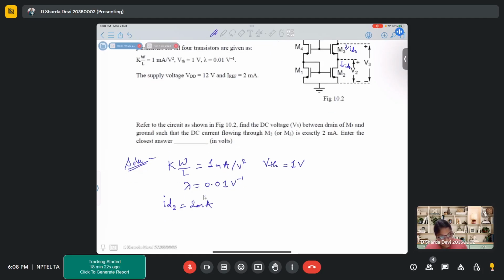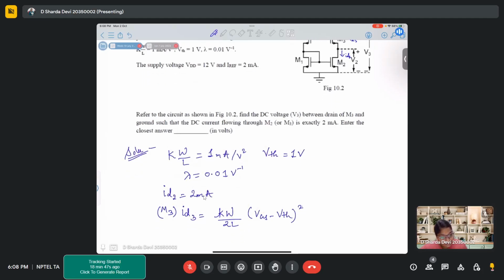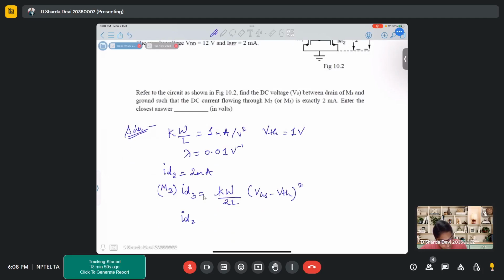So if I write the current equation for transistor M3, ID3 is kW by 2L (VGS minus VTH) whole square, and also ID2 is kW by 2L (VGS minus VTH) whole square (1 plus lambda VDS) will also come, right?